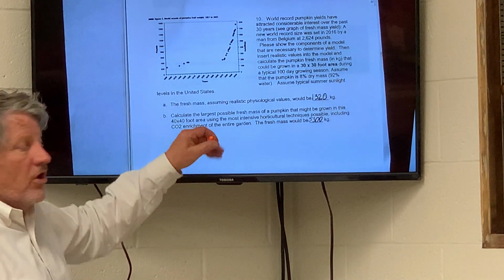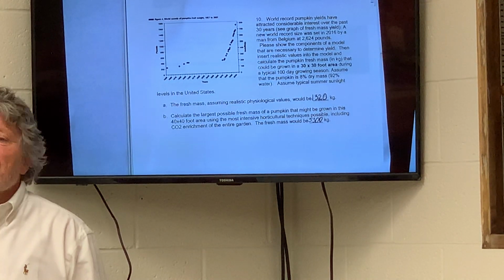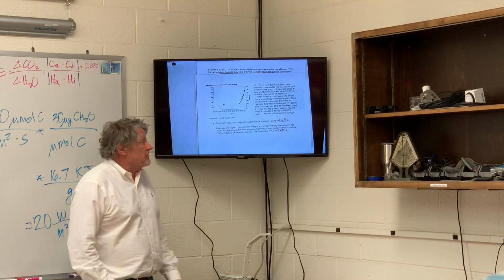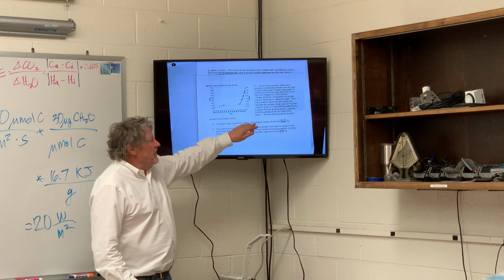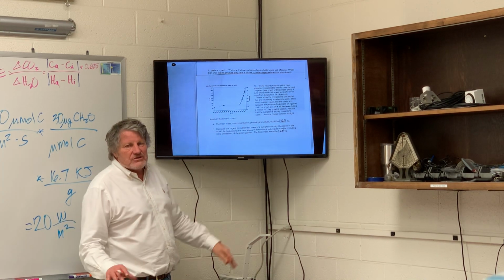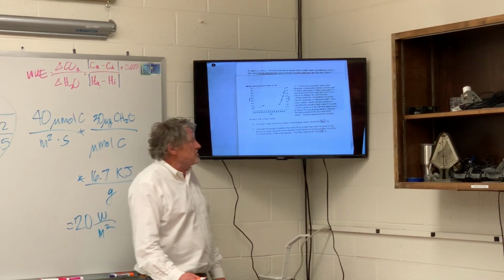And the rest is just water, which adds to the fresh weight, but it doesn't add to the photosynthetic part. These are approximate numbers because it depends on your assumptions.